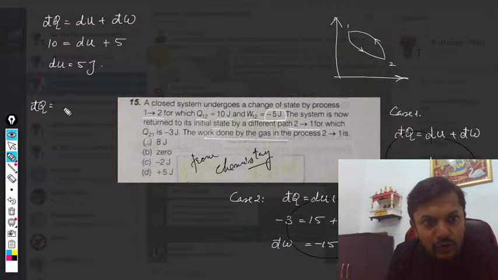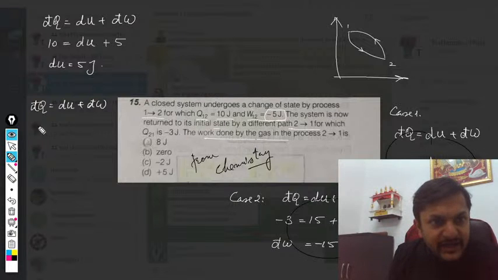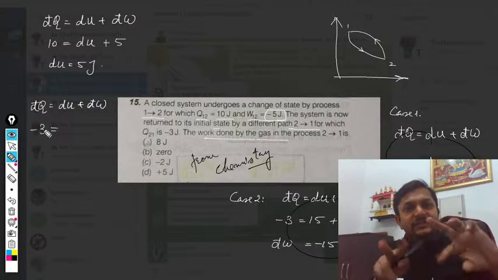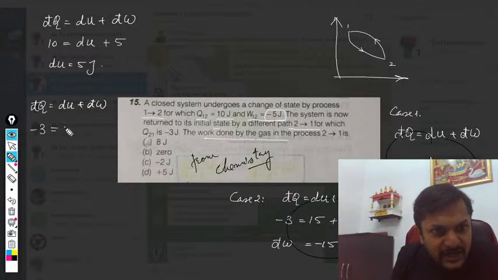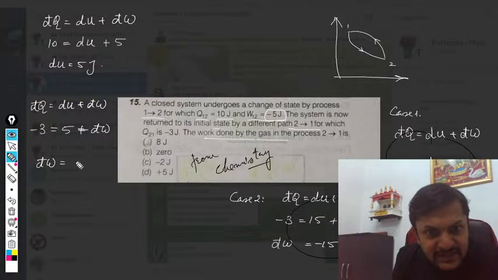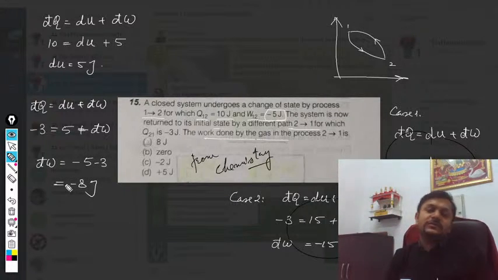Now dQ = dU + dW, and in our second case this is minus Q. Only work done is in a reverse fashion, and dU is 5, so this will be plus dW. So this dW, you can see, comes out to be minus 5 and minus 3, minus 8 joules.